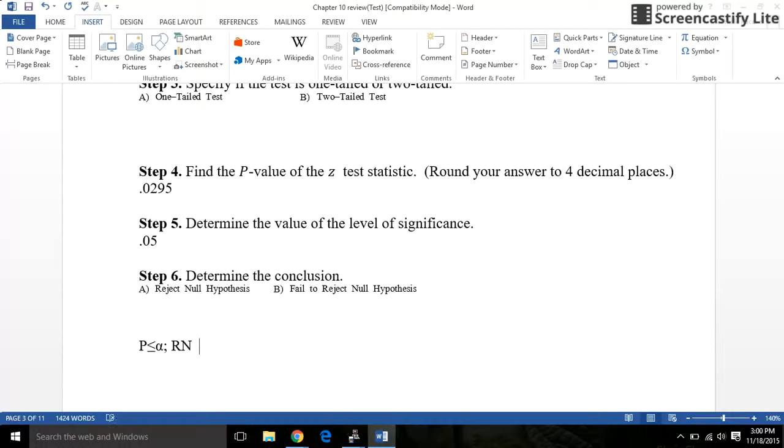So, is 0.0295 less than or equal to 0.05? Yes, it's correct. So reject the null. Okay, so I'm going to reject my null. And that's my answer. I'm going to reject my null right here.